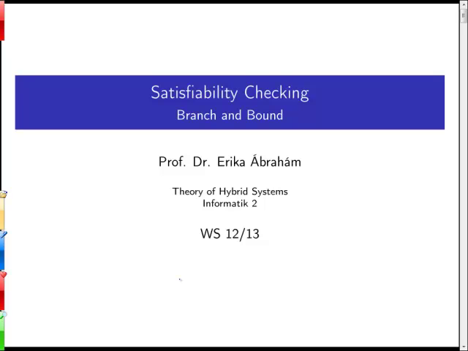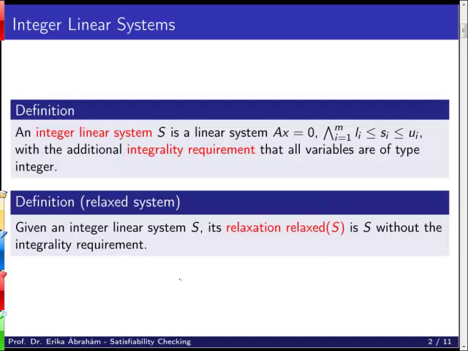This is called branch and bound, and while I explain, we will recognize why it is called this way. First, some definitions. If we have an inequation system, or formulated in the general form, an equation system. This is like before. And notice that we can now have lower and upper bounds.